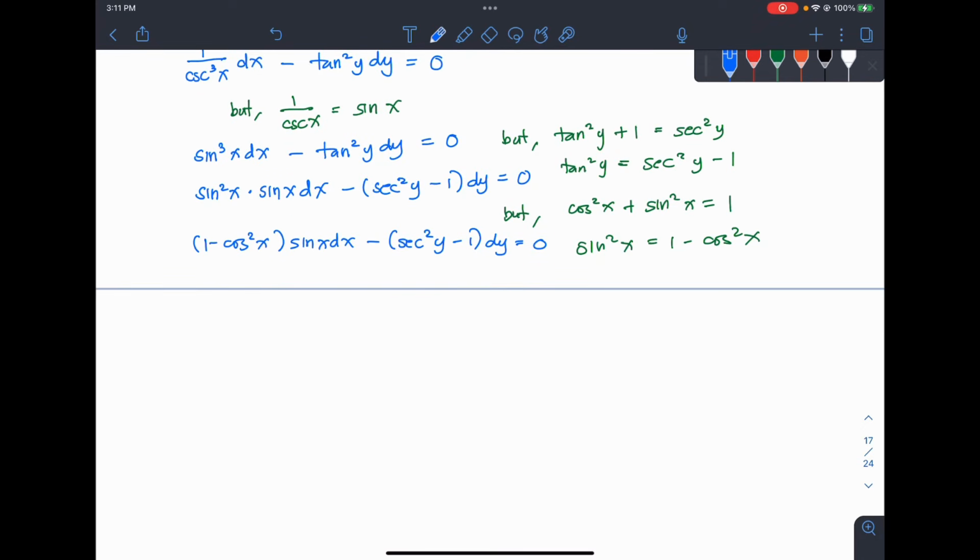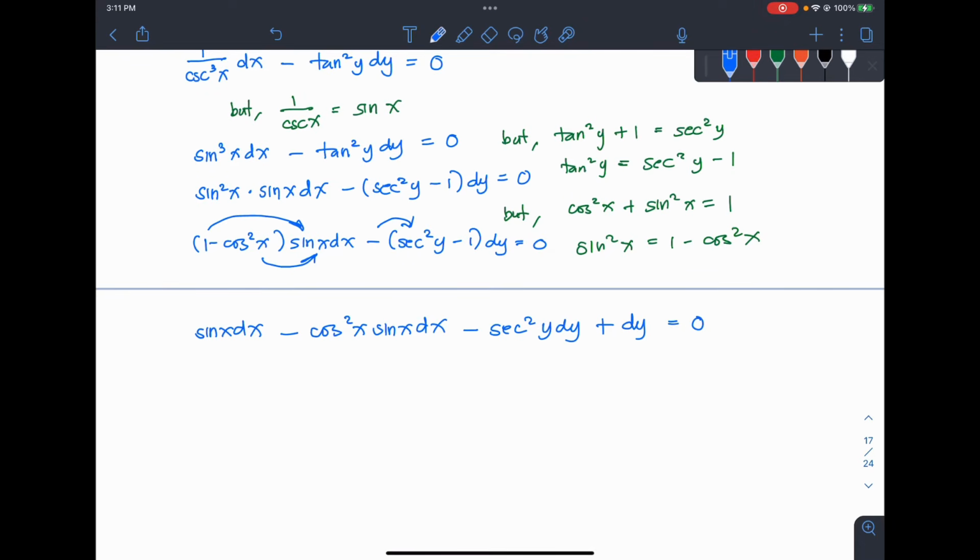So in here, we can distribute now. We distribute 1 with this one. So I'll have sine x dx, then minus cosine squared x sine x dx, and I'll have the negative here, so negative secant squared y dy, then negative and negative, so that would be plus dy is equal to 0.